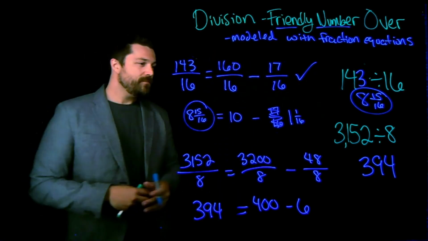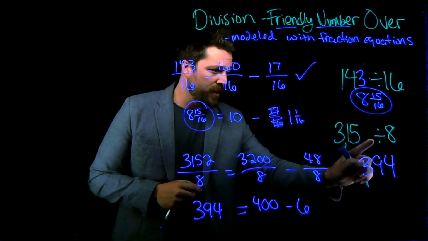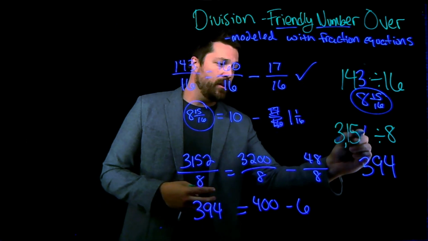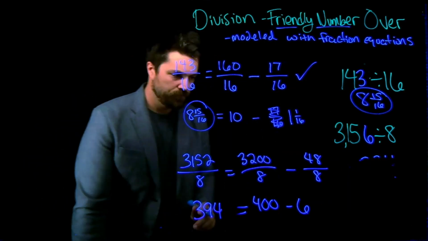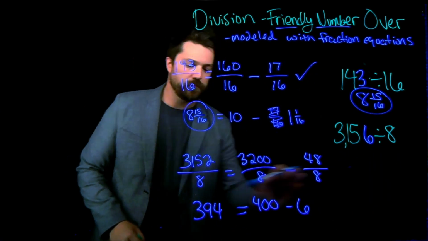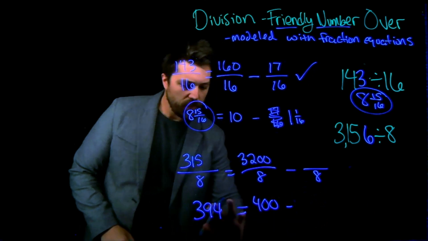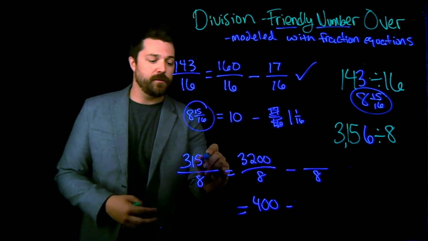So now I know that 3,152 divided by 8 is 394. I can manipulate this a little bit to show what it looks like in 5th grade. So if it were 3,156, then we just have to change a couple pieces here, and we can find what that quotient is with its fractional remainder.